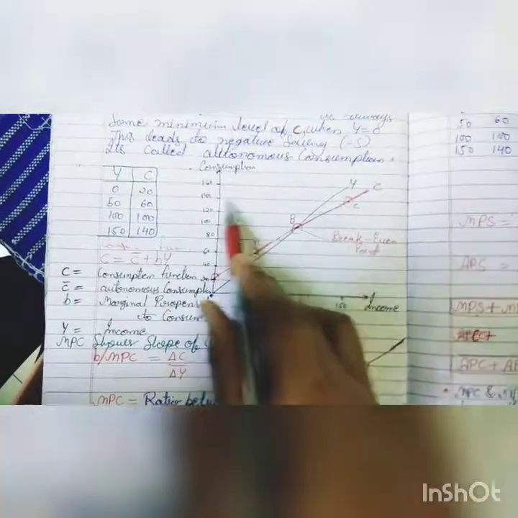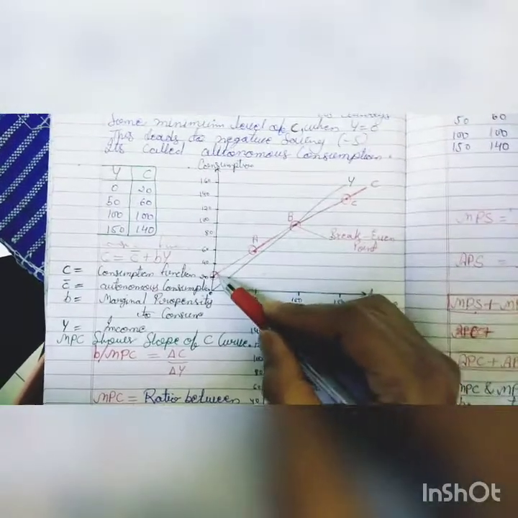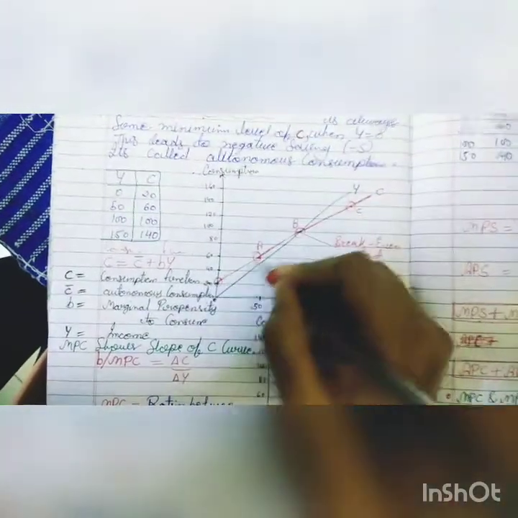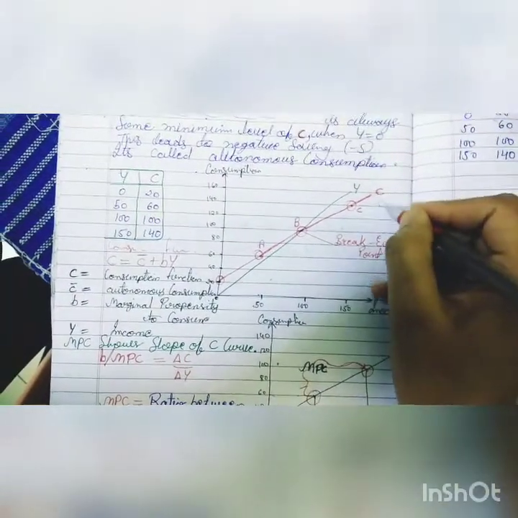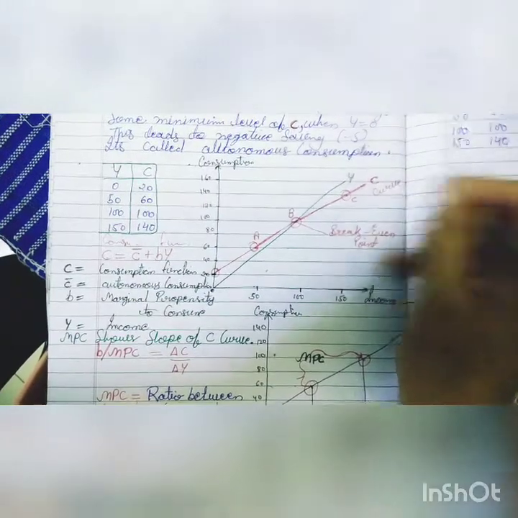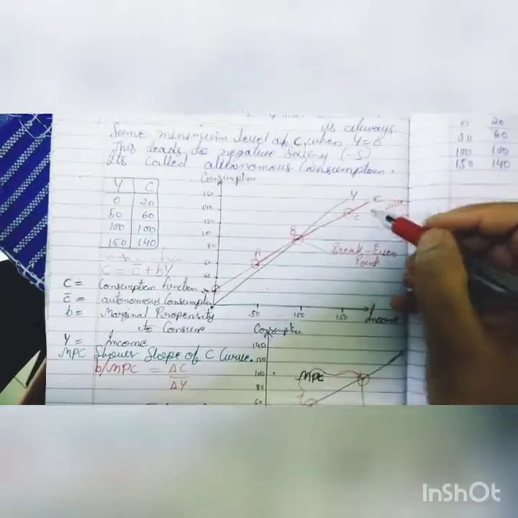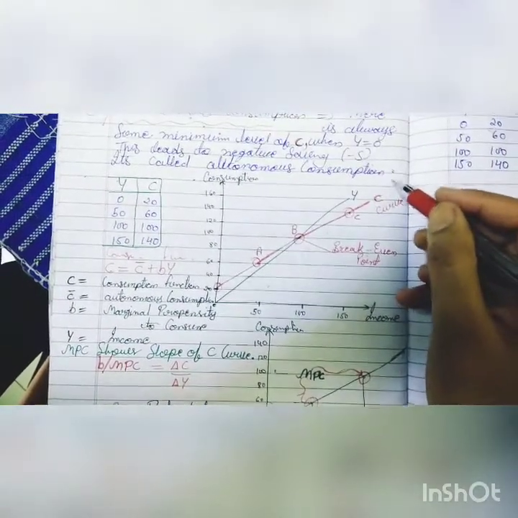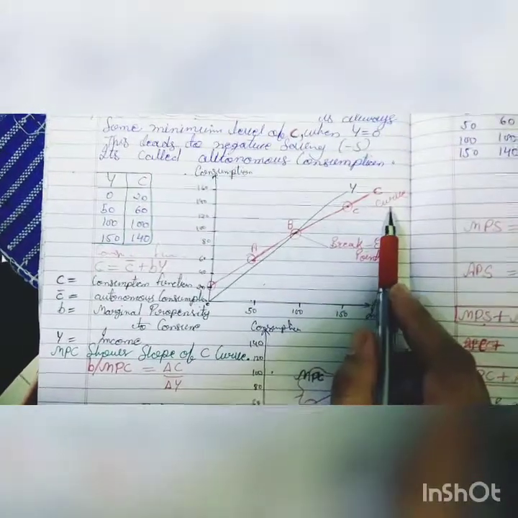Income 150, consumption 140. When we put the dots and draw a straight line, we get the C curve, the consumption curve. It is the same as the aggregate demand curve, but in aggregate demand we include I also.